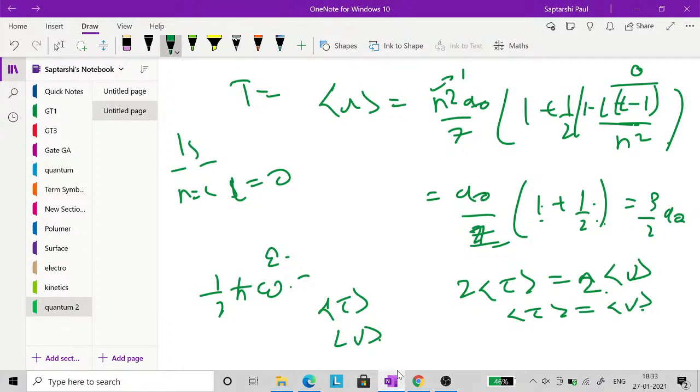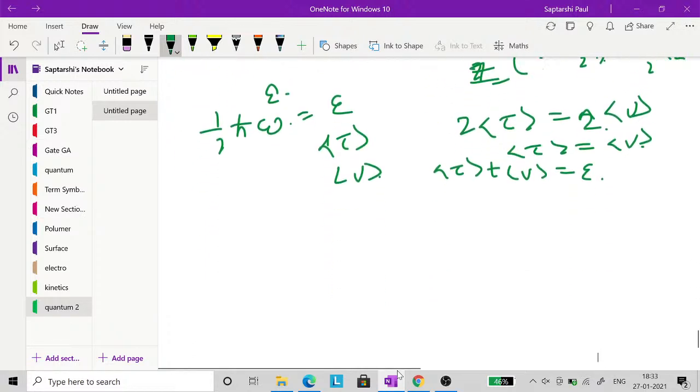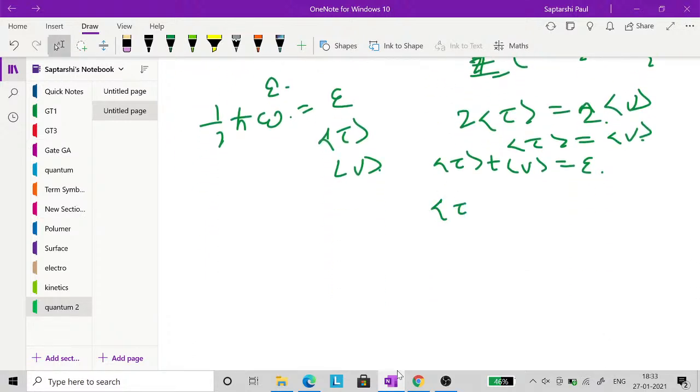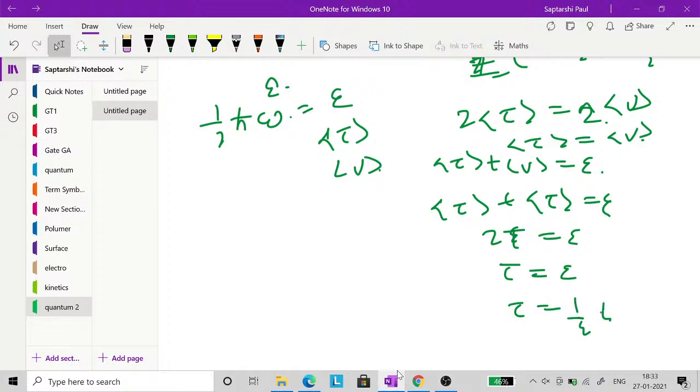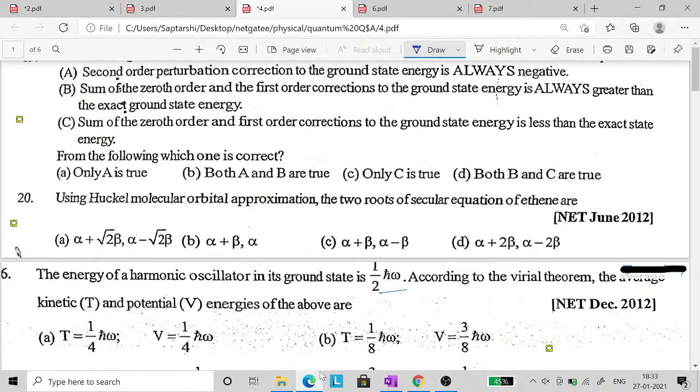This is the whole E. We know T plus V equals E, and in this case both are the same, so we can say T plus T equals E. So 2T equals E, that means T is equal to 1 by 4 H cross omega, that means your V is also equal to 1 by 4 H cross omega. Is this the answer? Yeah, first one only.